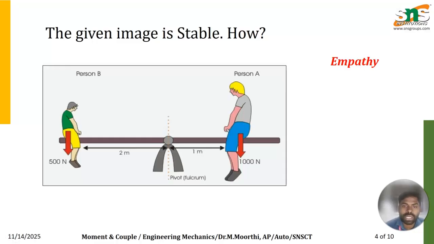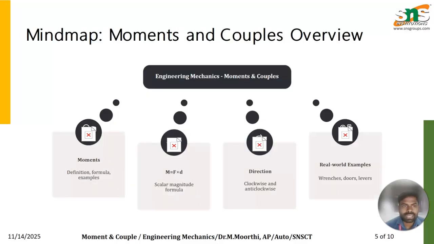This is how we get a clear understanding of moment and couple. The moment, as we discussed, is defined as force times distance, and it is a vector quantity, so it has both magnitude and direction. The direction is either clockwise or anti-clockwise rotation, as we discussed earlier.